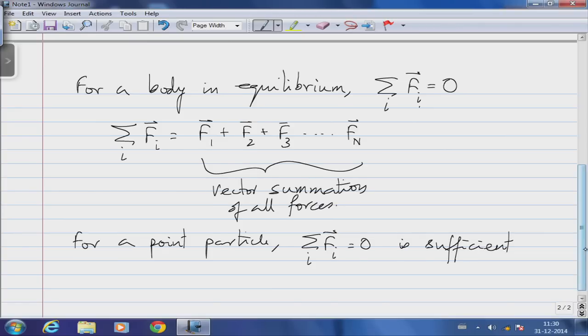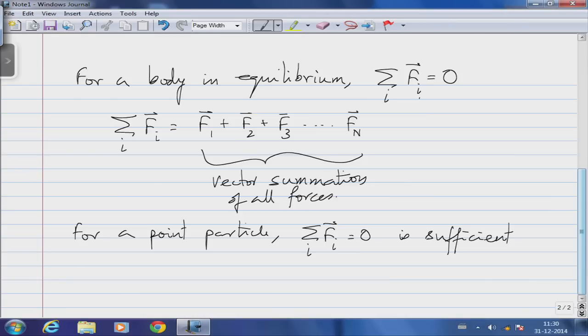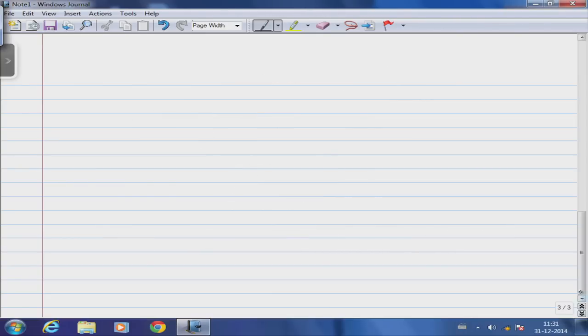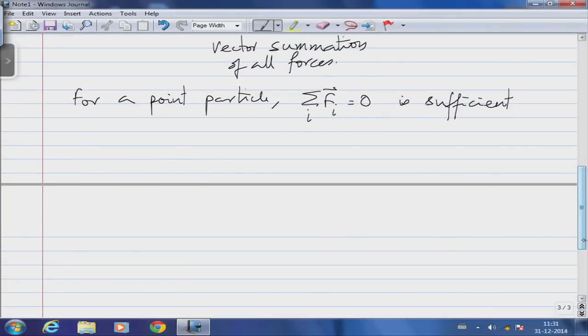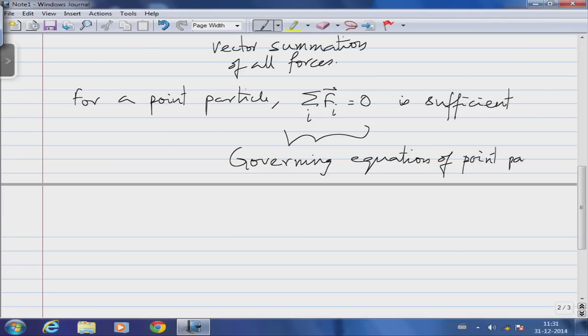That is, if the forces on a particle all add up in a vector sum to 0, then the particle is going to remain in a state of rest or uniform motion. So, this is going to be our governing equation for point particles in static equilibrium.